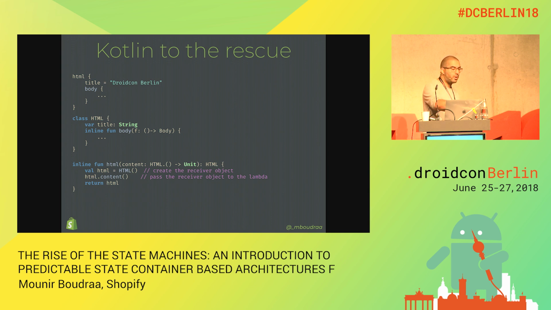So it allows you to do HTML lambda and then have access to the title property directly inside the lambda. I will not go deeper on this, I just wanted to give you the basics of what it is. But these two features allow you to create very nice things in code.